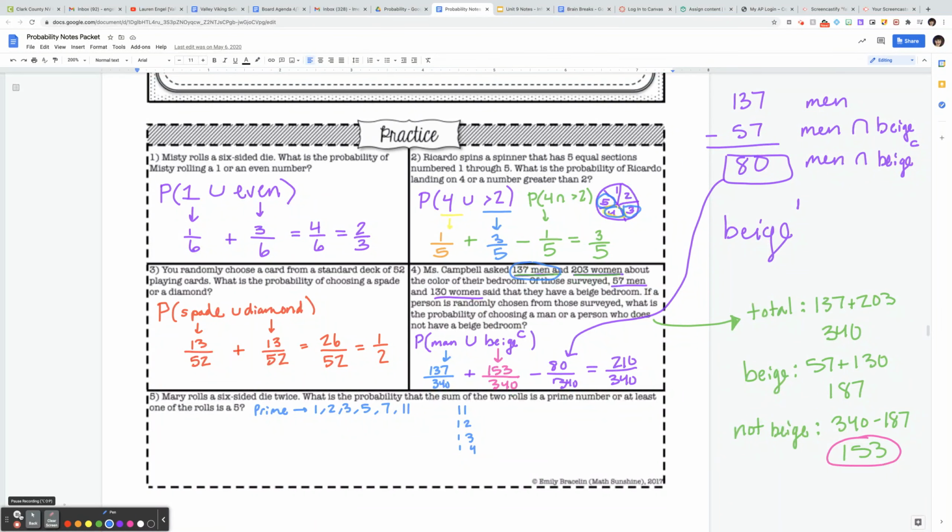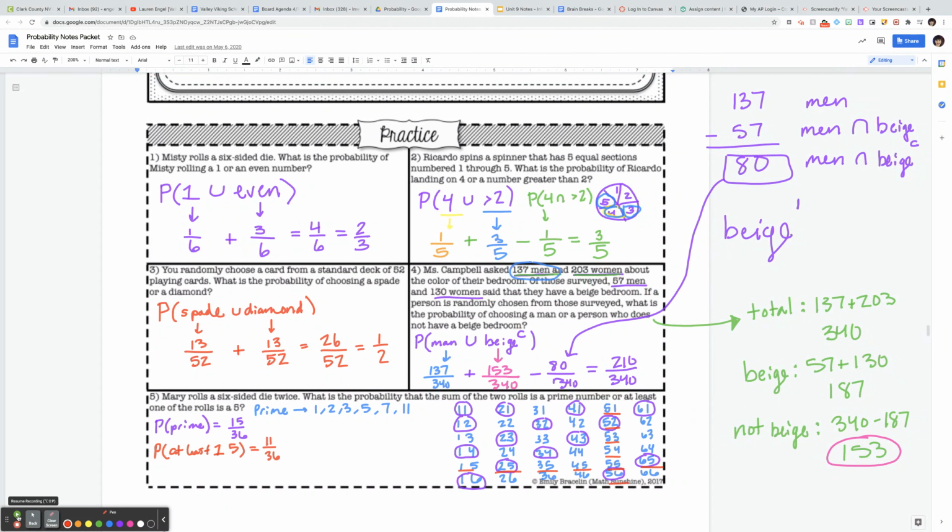Go ahead and pause yours. List out all of those possible combinations of numbers, and then circle or label somehow the ones where the sum is one of those prime numbers that I have listed. Okay, so try this out, list all of those, and then check back with me to see how you did.